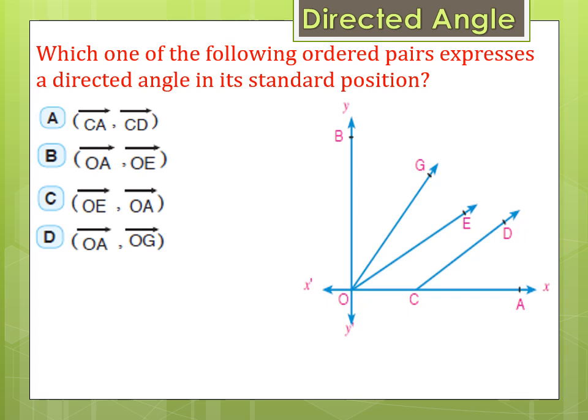So B and D, yes. OB and OG, no, OB is not in the positive direction of the x-axis. OA, yes, initial and positive direction of the x-axis, and OB, yes.